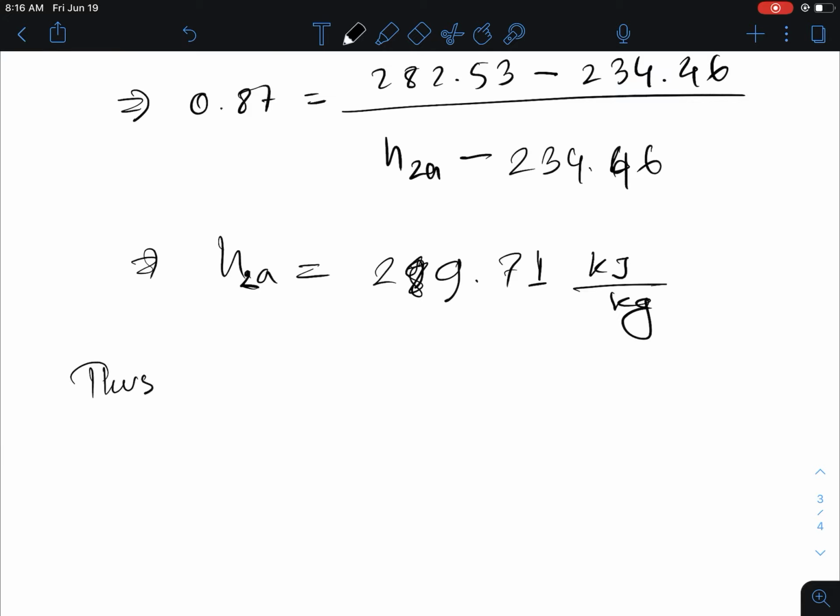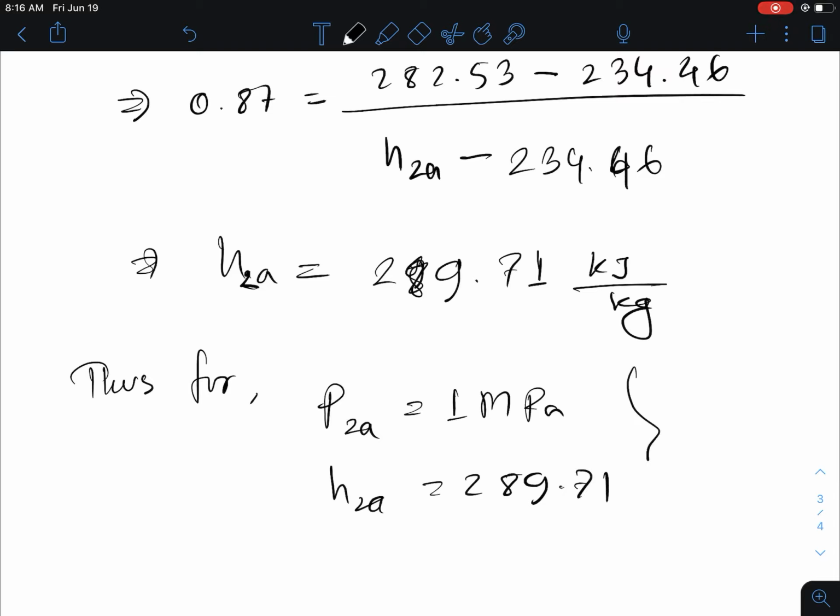So for P2A actual equals 1 megapascal and H2A equals 289.71, the actual temperature would be 56.5 degrees Celsius.